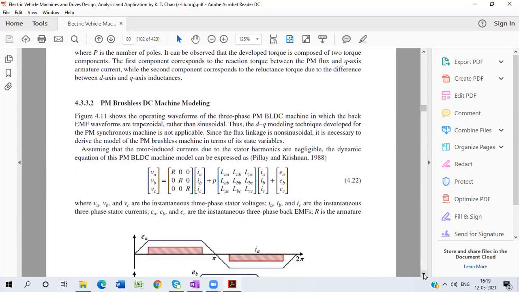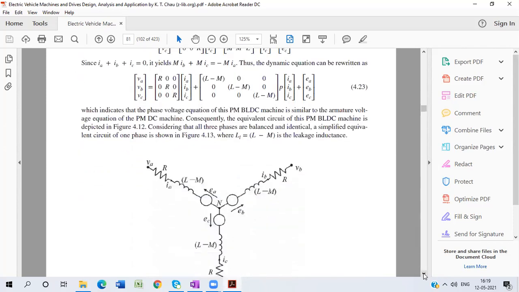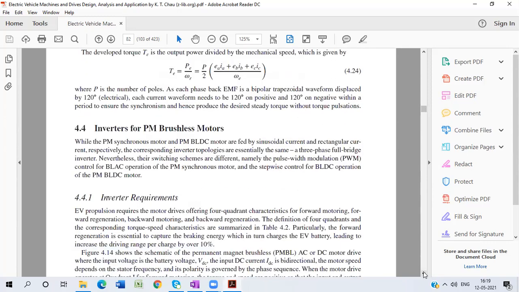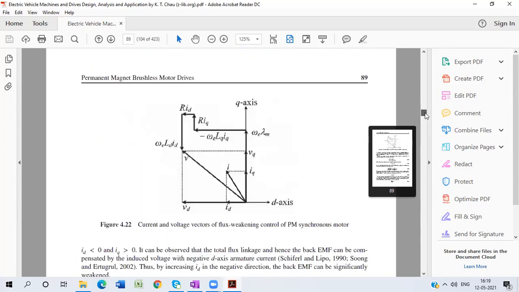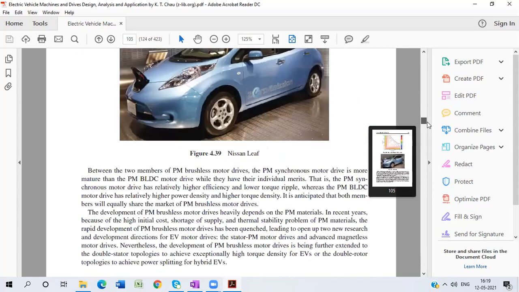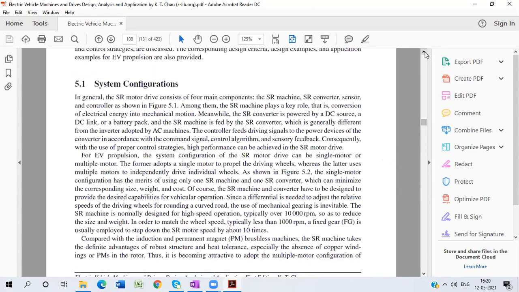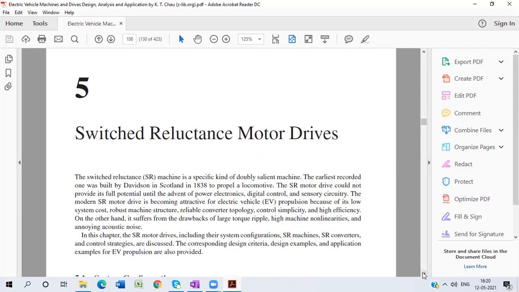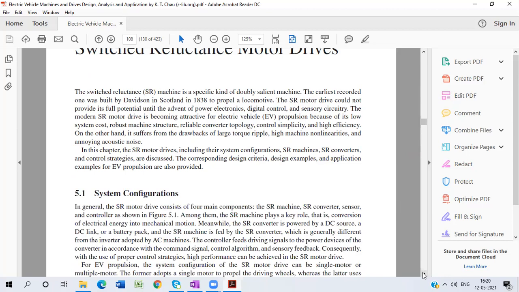Now, in the next unit, there is the switch reluctance motor. This whole unit is in your syllabus. First of all, you have to find out which principle the switch reluctance motor works on.